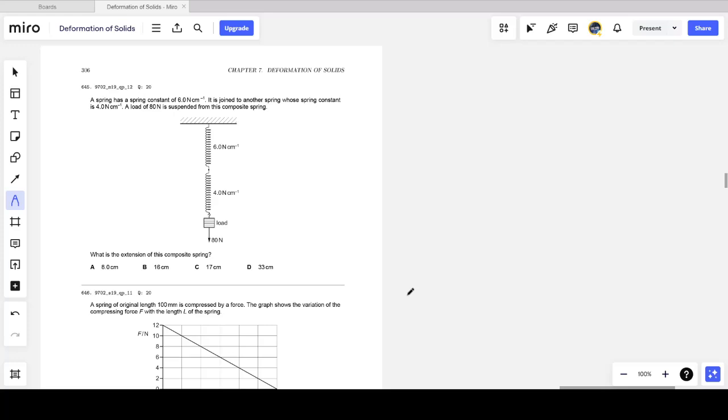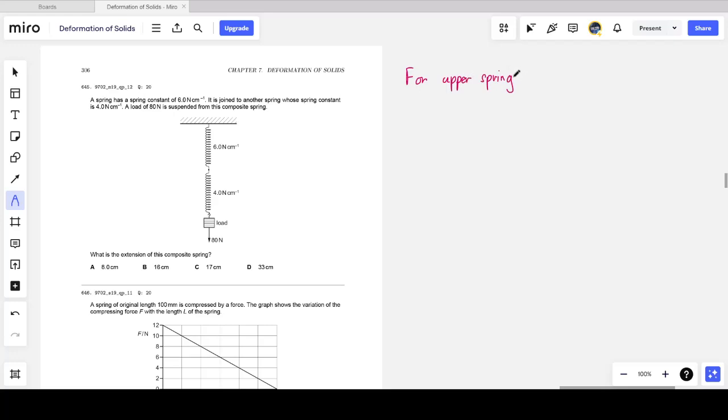Now, it is important to remember that if a load is hung at the bottom of 2 springs that are in series, then that load is applied to both the springs. It doesn't get split between the springs. It is 80 newtons on the bottom spring and 80 newtons on the top spring. So let's work on the upper spring first and then move to the lower spring.